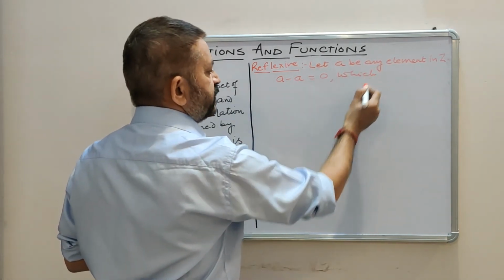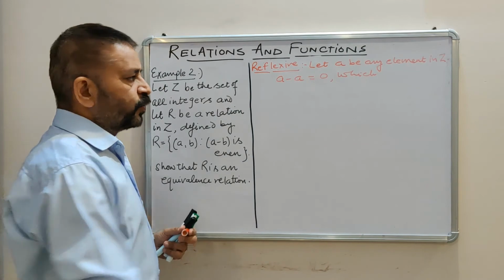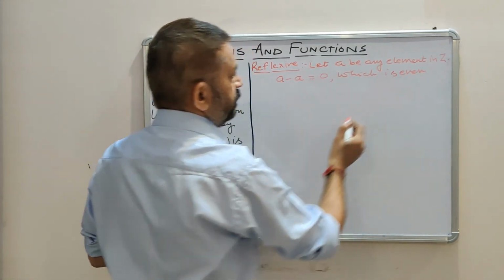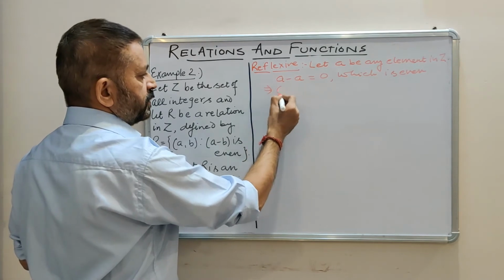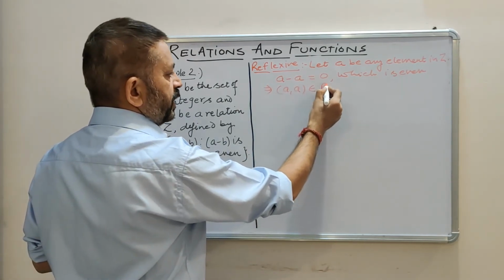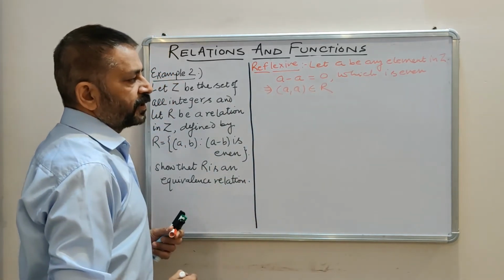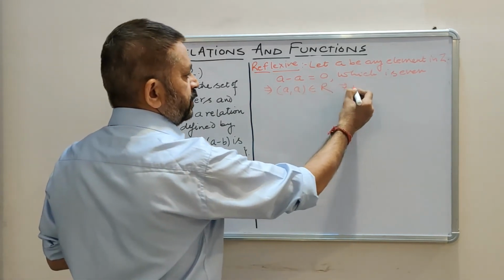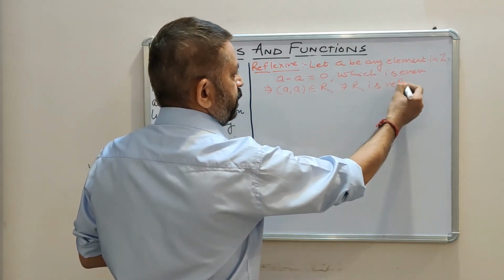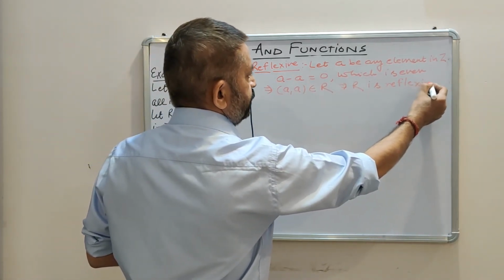And we can consider 0 as an even number, which is even. It means (a, a) type elements are in relation R, which shows that R is reflexive.